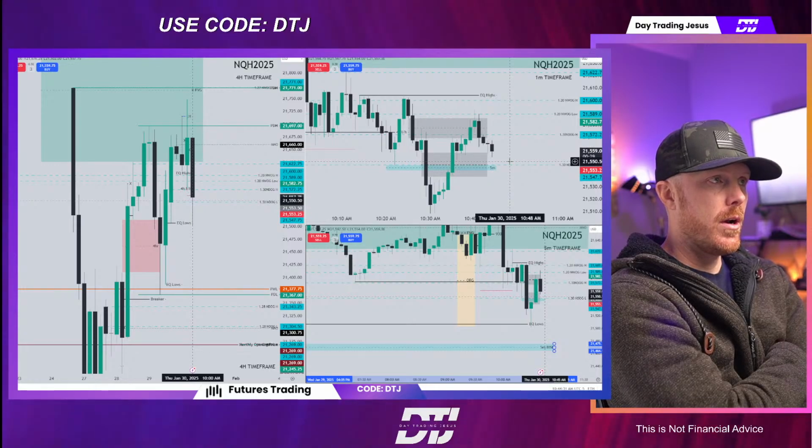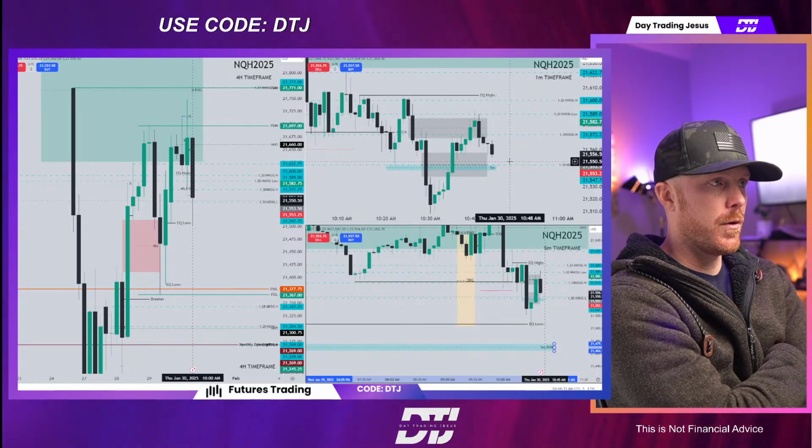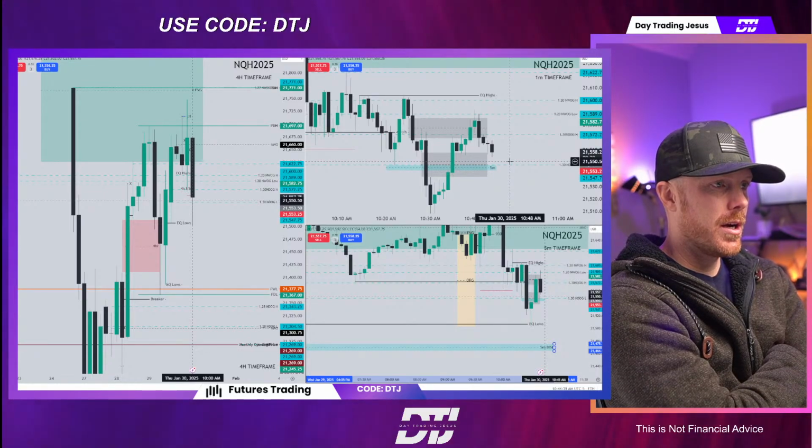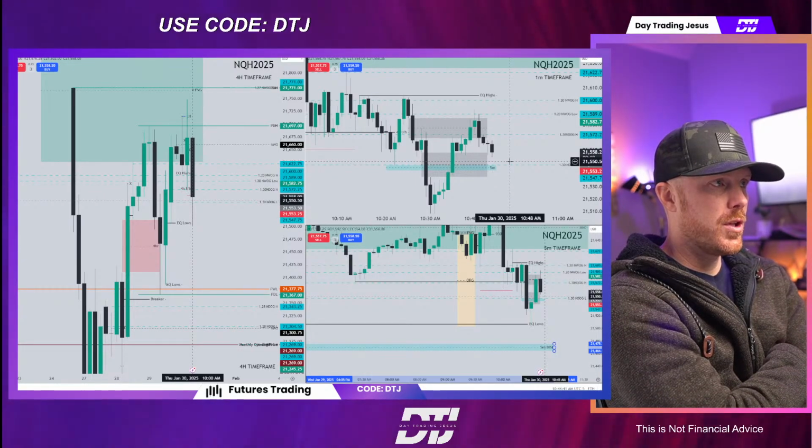I want to see how it interacts with this 5-minute inversion I have on the chart, the blue box. I want to see if it finds support here or if it moves lower.